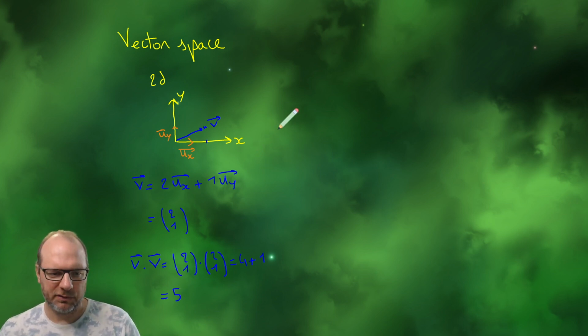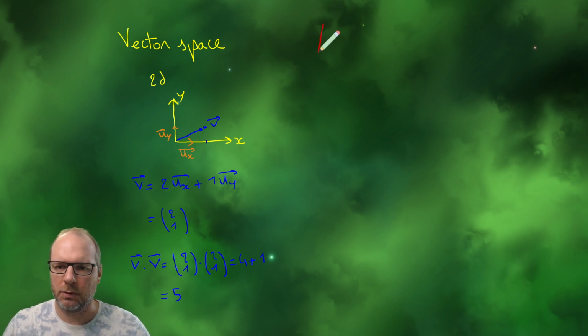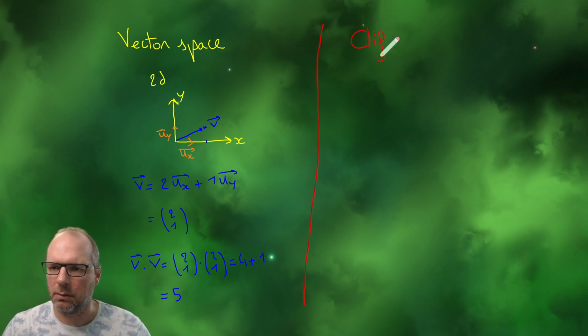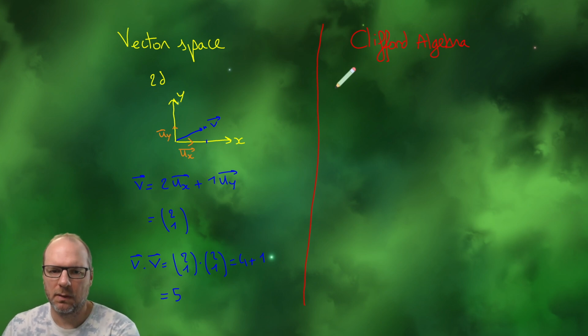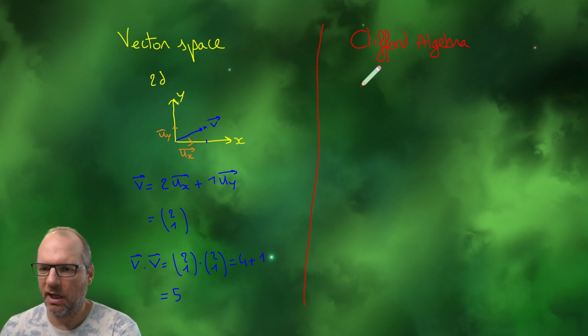So now we will construct the Clifford algebra. For each basis vector, we will introduce a new symbol like I or J, but we will call them e sub x and e sub y.